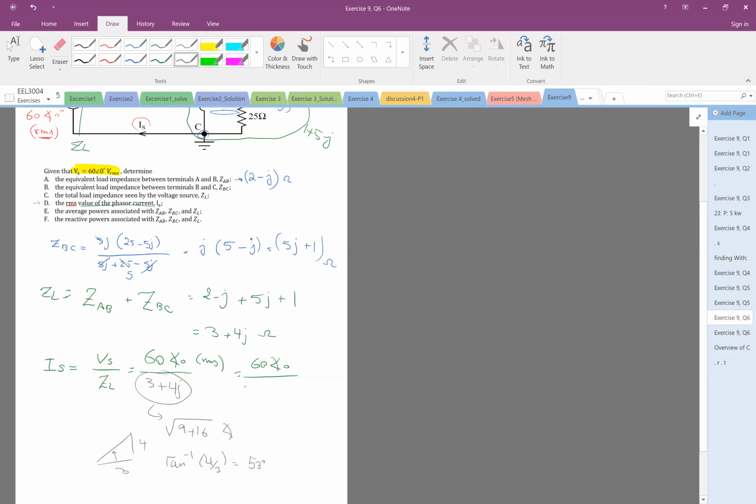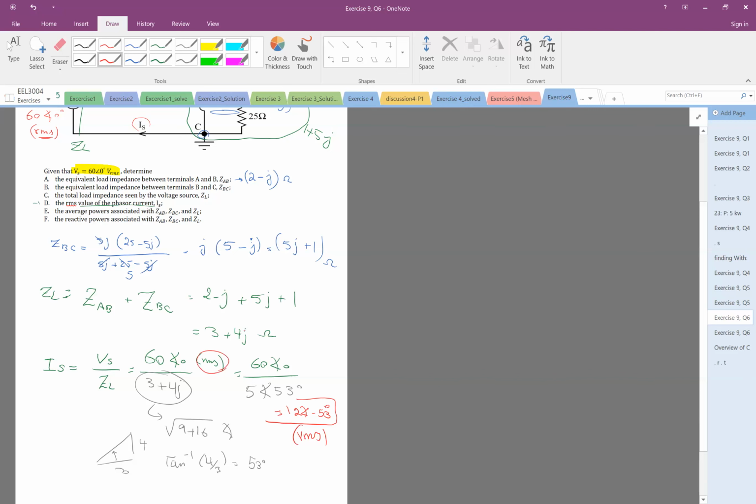So I can write 5 with the angle of 53 degrees. You divide them, you get 60/5, which is 12, with the angle of -53. And this is RMS.